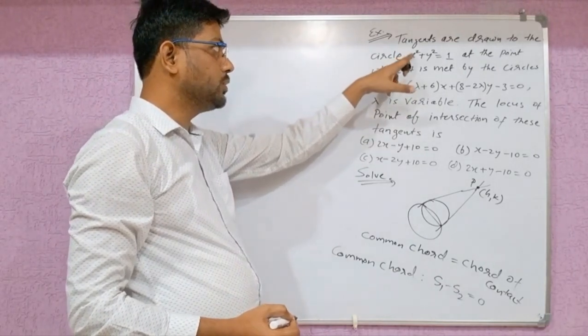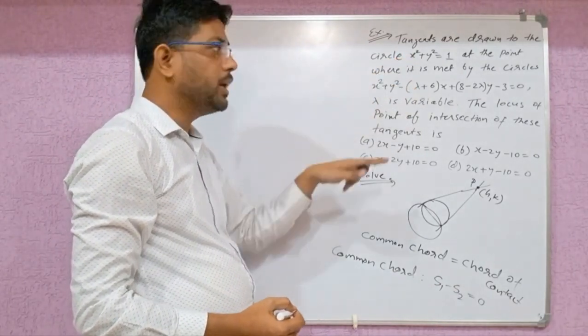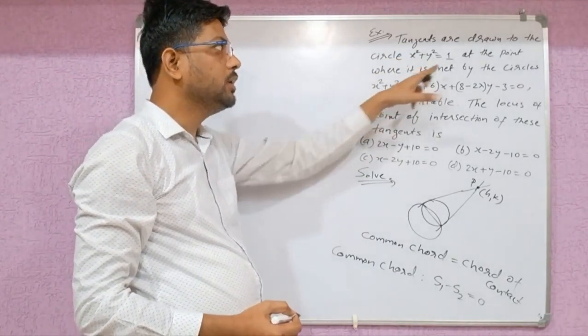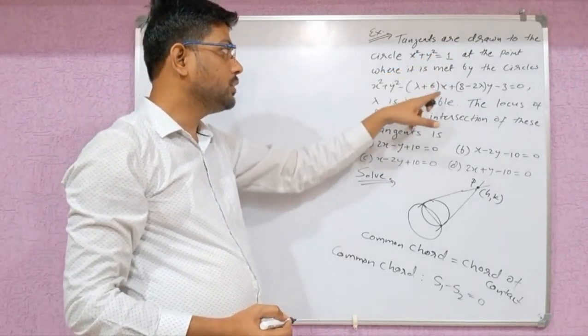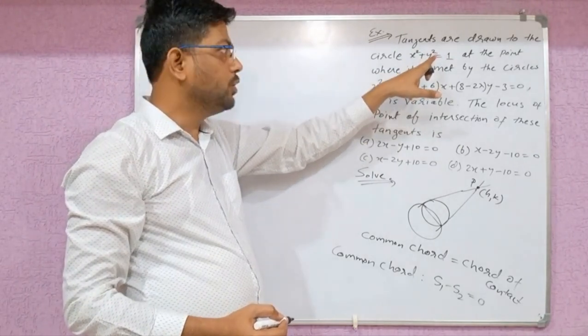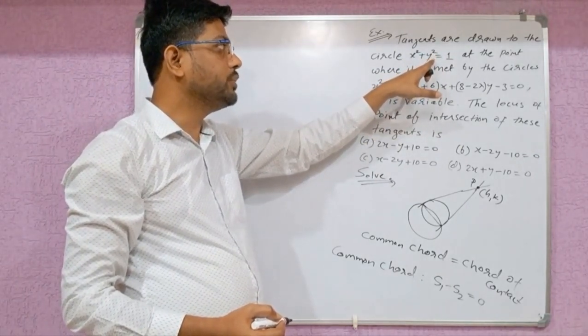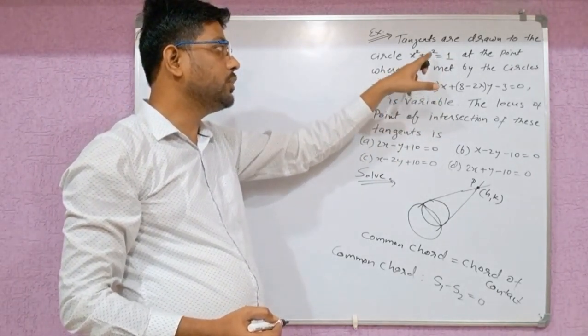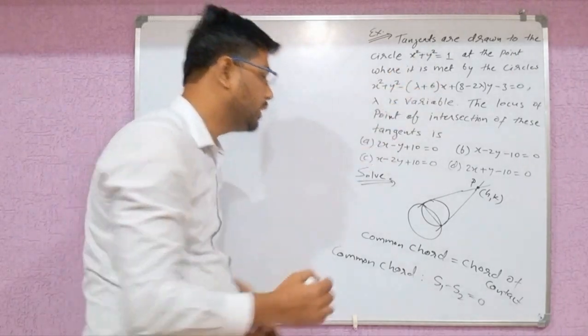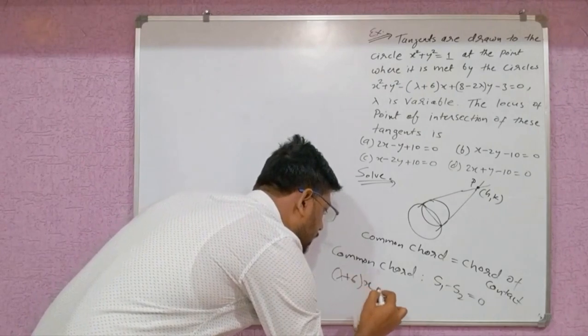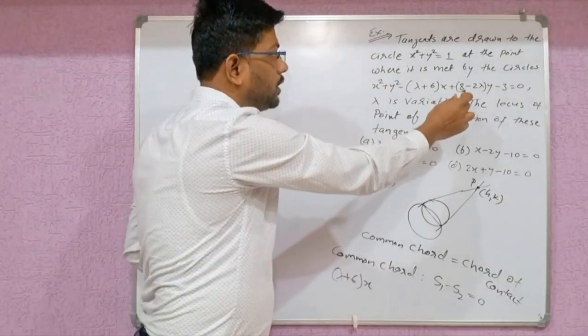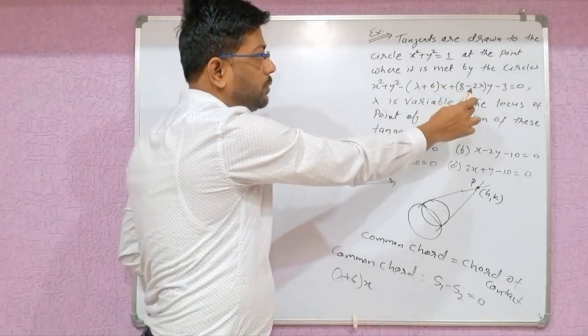The x square and x square will cancel. The y square and y square will cancel. There is no coefficient of x here, so I'll take that as 0. So 0 minus this, I'll get lambda plus 6 x, and this will be minus of 8 minus 2 lambda y.